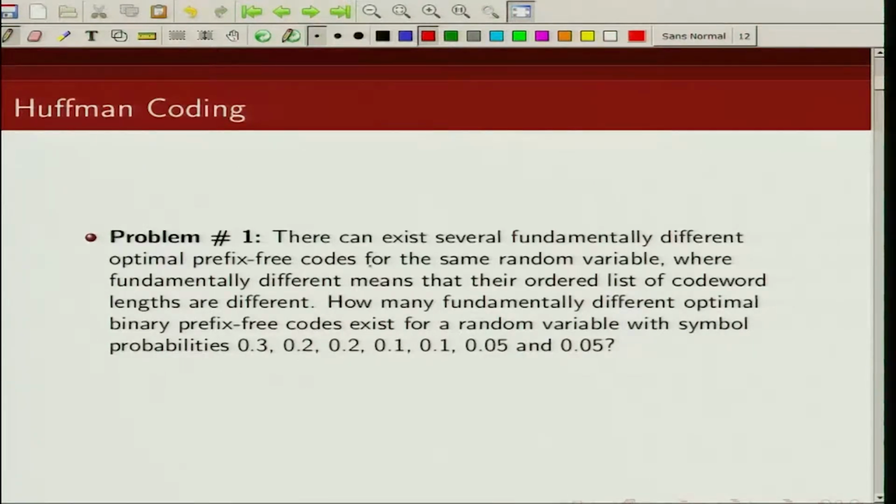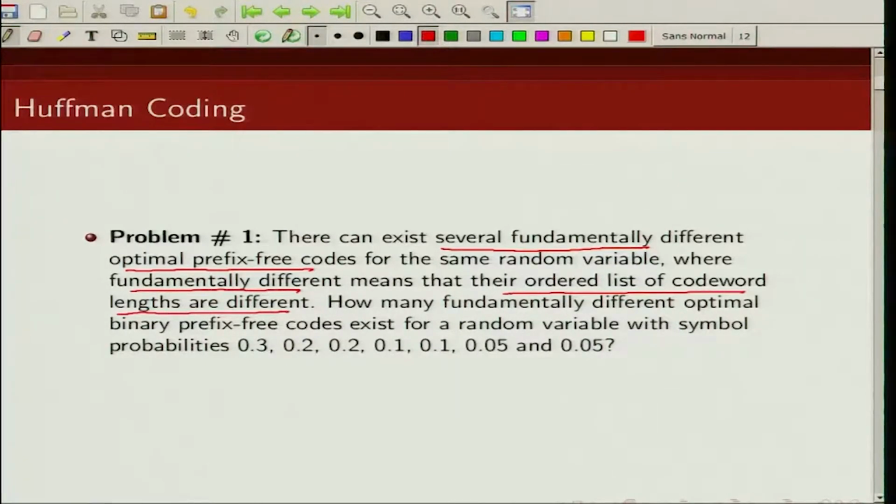So there exist several fundamentally different optimal prefix-free codes. Now we know Huffman coding is the optimal prefix-free code. So there exist several fundamentally different Huffman codes. And what do I mean by fundamentally different? If I write down the ordered list of code word lengths, that is different.